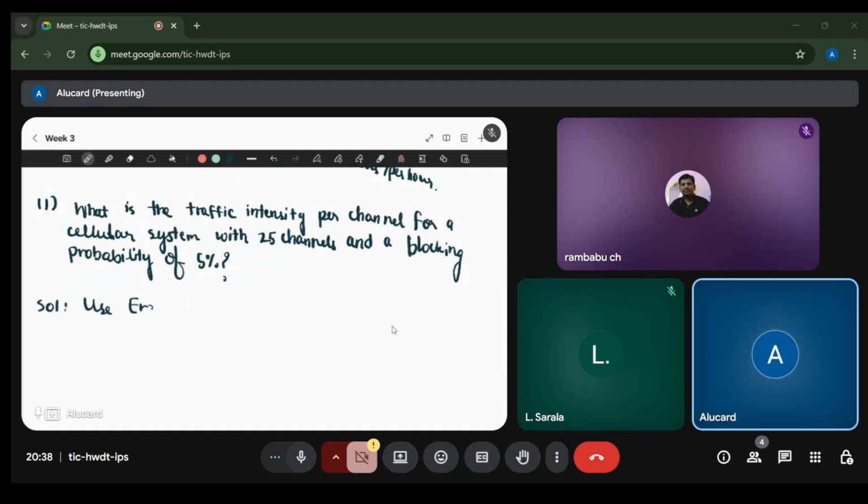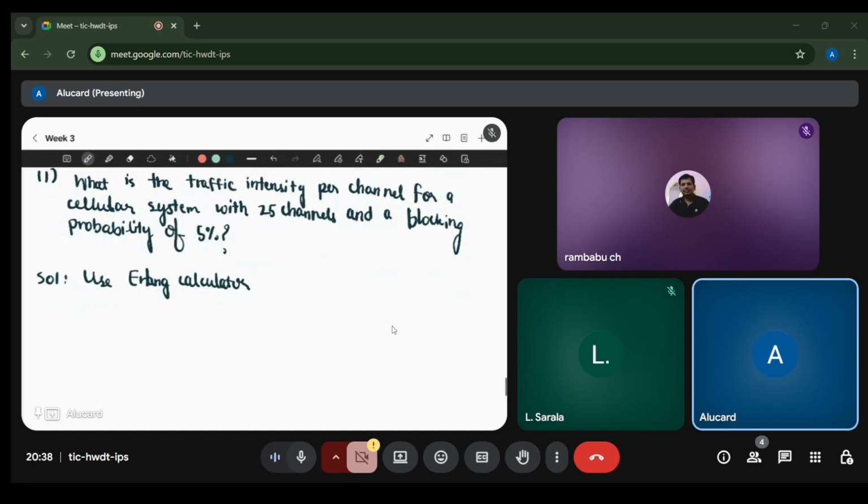Use an Erlang calculator, a table or chart or whatever you have. Search on the internet.